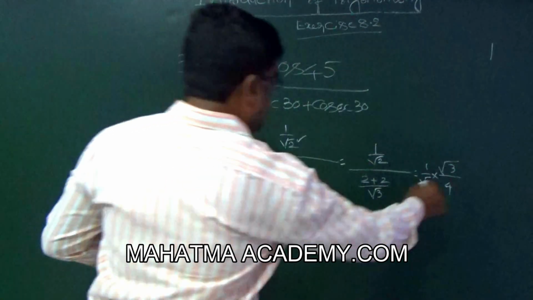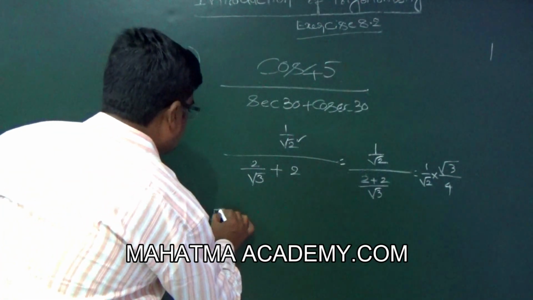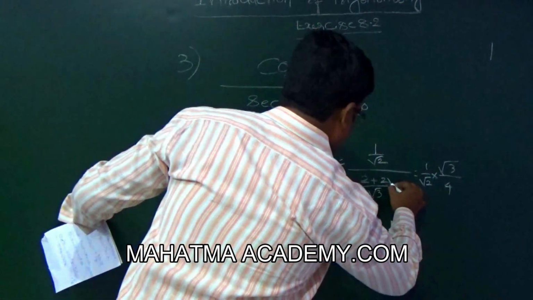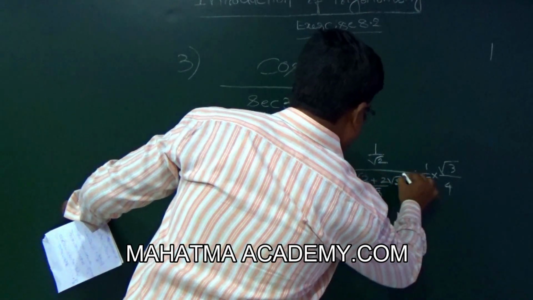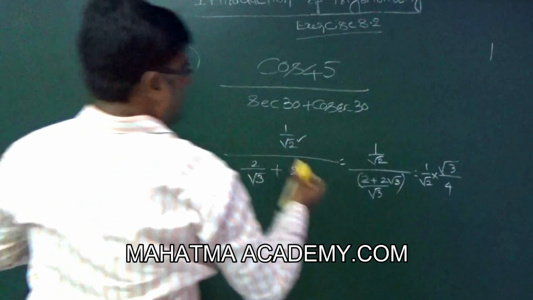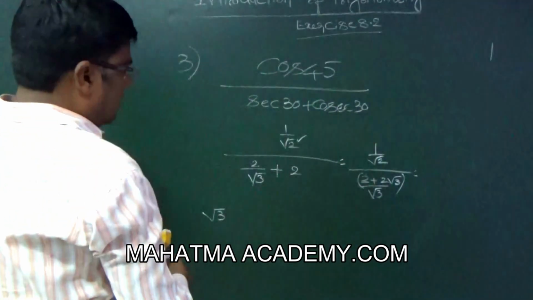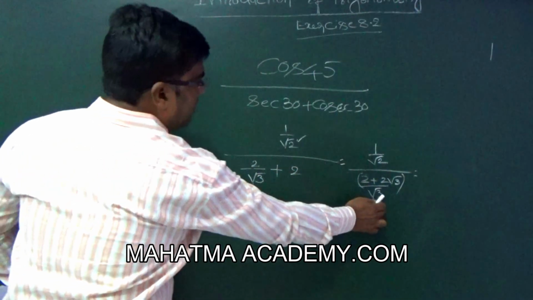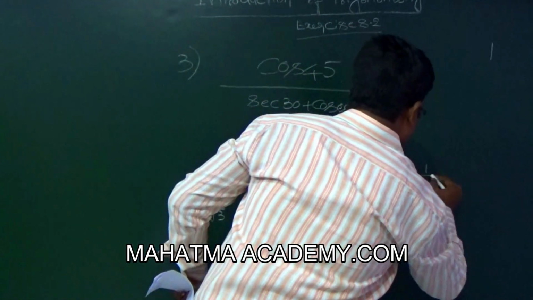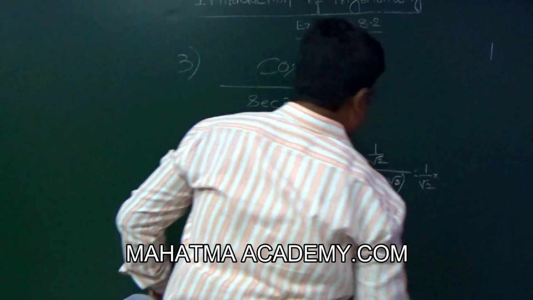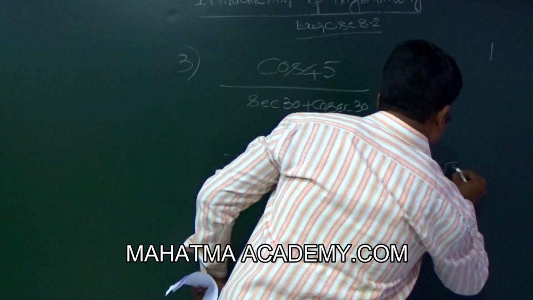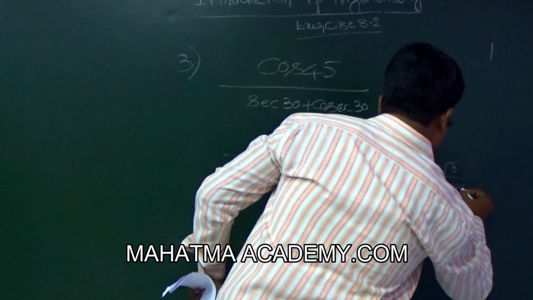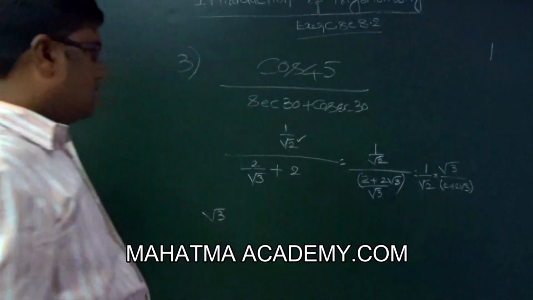Sorry, this is 2 root 3 upon root 3. Numerator is 1 upon root 2, denominator is 2 plus 2 root 3 upon root 3. Result is 1 upon root 2 into root 3 upon 2 plus 2 root 3. 2 plus 2 root 3.